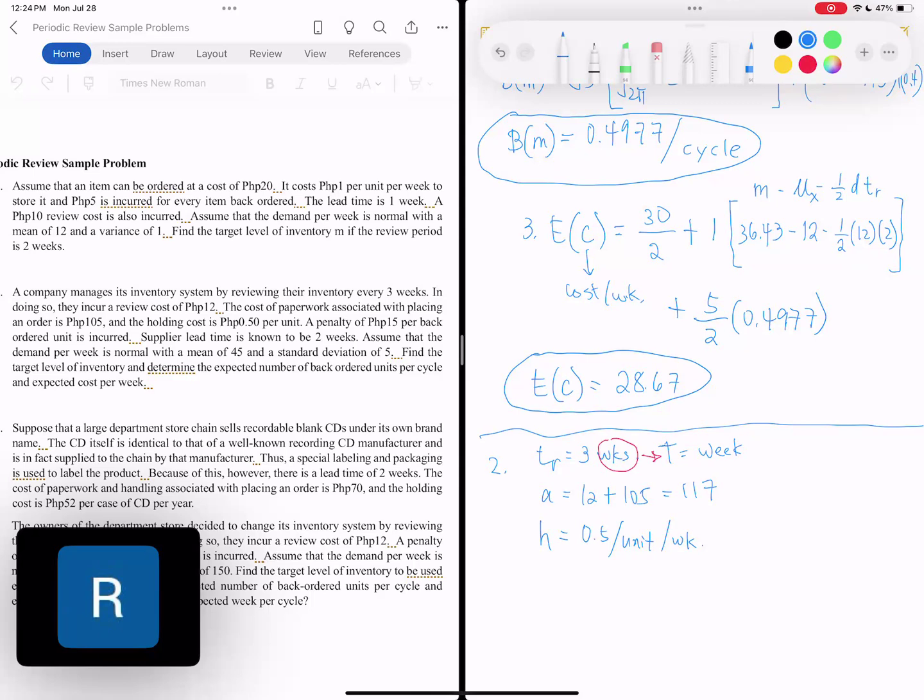Next, a penalty of 15. So you have P is equal to 15 per back-ordered unit. That's your penalty. Next, supplier lead time is 2 weeks. So this time, L is 2 weeks.